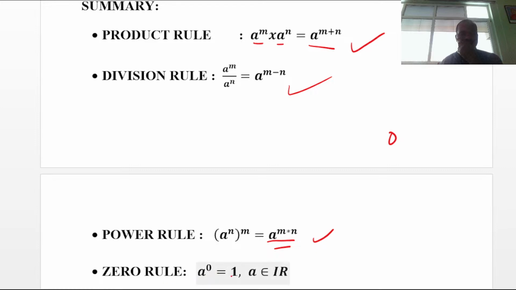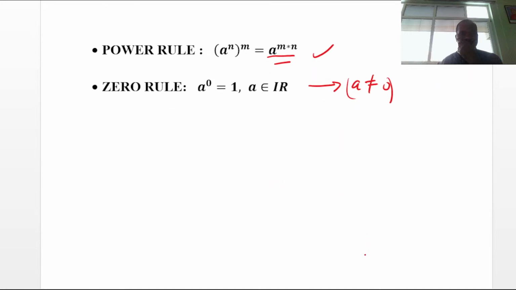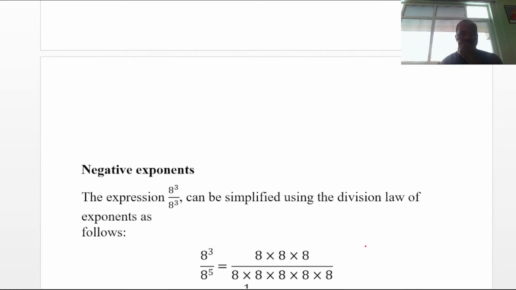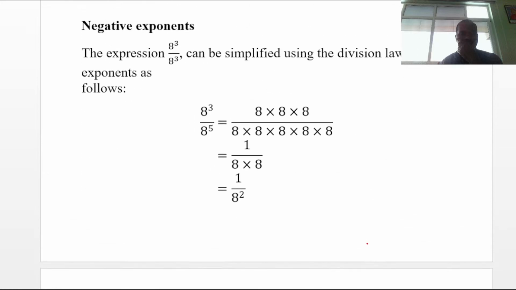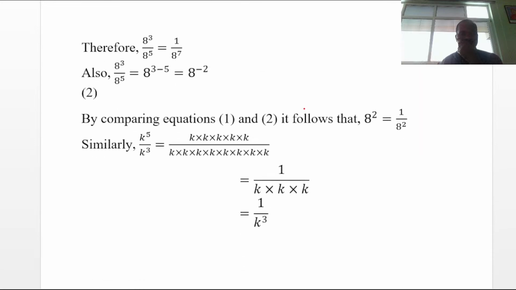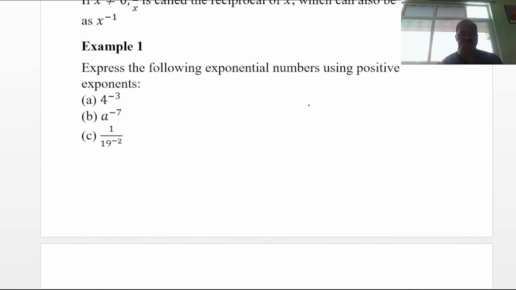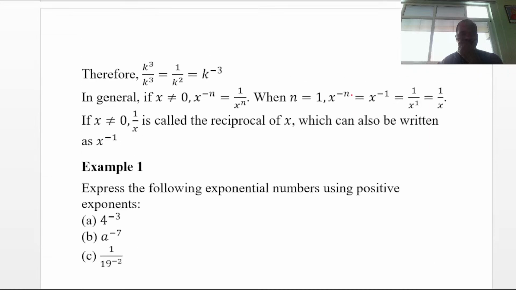Zero rule: a power 0 equals 1. a is any real number, but a is never 0, because having 0 power 0 is something different, and that is the case when you have an undefined expression. Okay, that is all, dear colleagues, regarding exponents.